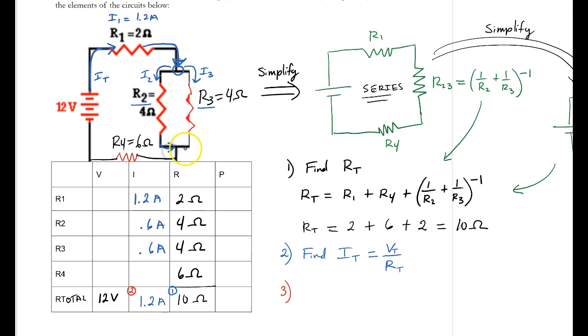Okay, and guess what happened? What happened to these two currents when they come back and meet at this second junction here? And what will be the current passing through resistor 4? That's right, 1.2. Okay, and then that's the same current that will be passing through your battery when it gets back to the battery.